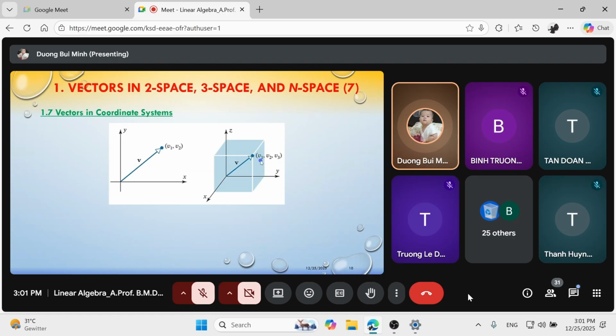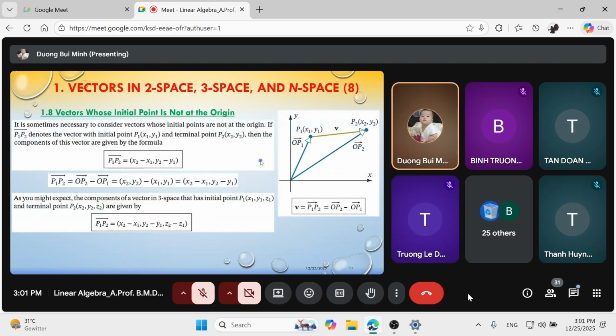Now we discuss this one. Here we have vector b1, or we say OP1. Here we have OP2. If we take OP2 minus OP1, you get the vector B1B2.